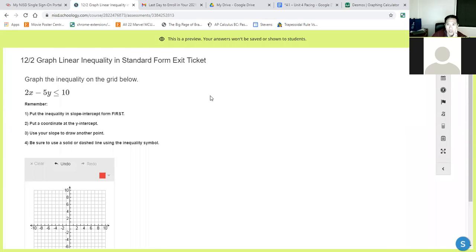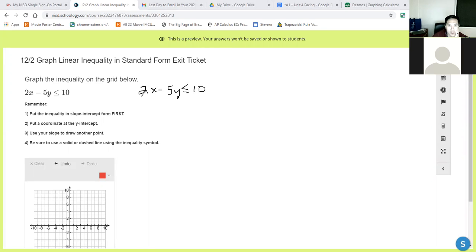Okay, today I'm going to show you guys how to write this inequality into slope-intercept form to check your work on Desmos as well. So the first thing I need to do is move the 2x from the left side over to the right side.